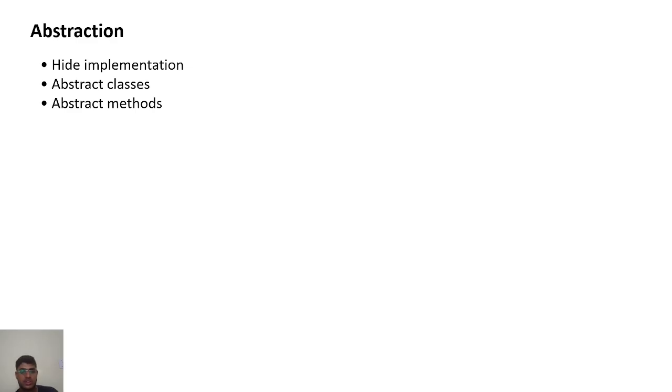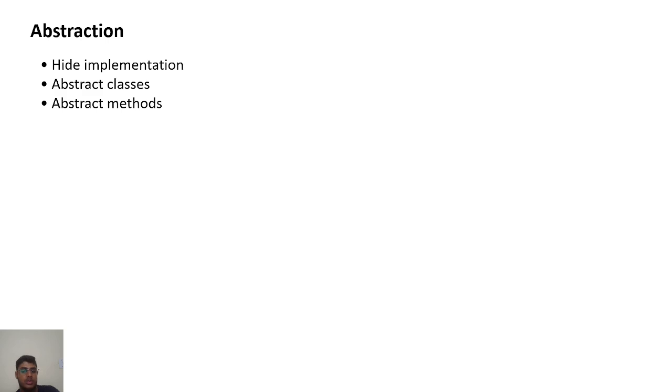So, what is abstraction? Abstraction is the process of hiding complex implementation details and exposing only the necessary functionality. It helps to make programs simple, secure, easy to use, and easy to maintain.